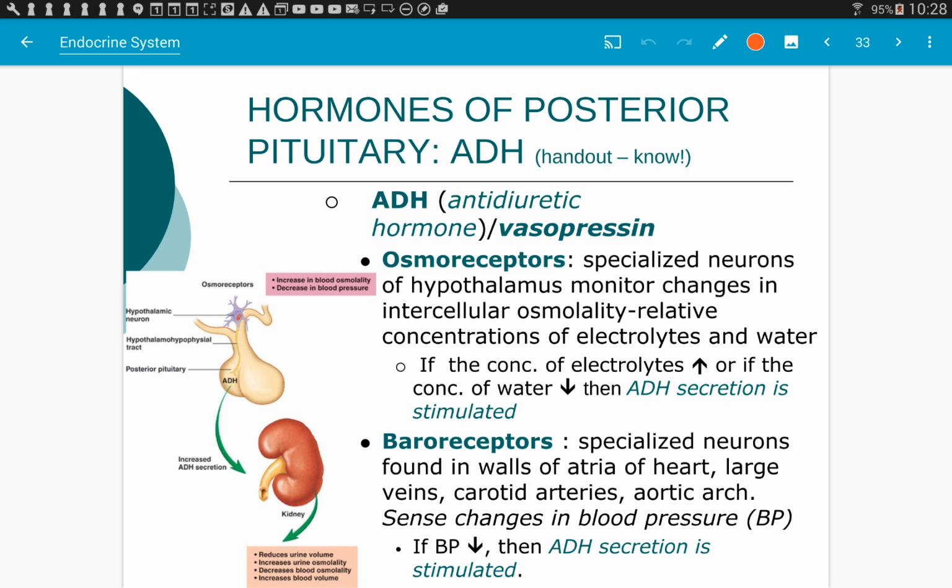Okay. All right, so starting here with lecture, slide 33. Hormones, now we're starting posterior pituitary. Note that there is a special note here that says handout. There are handouts up on Moodle.